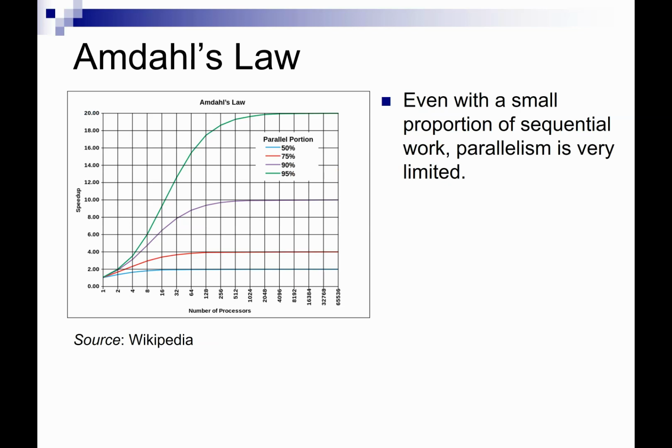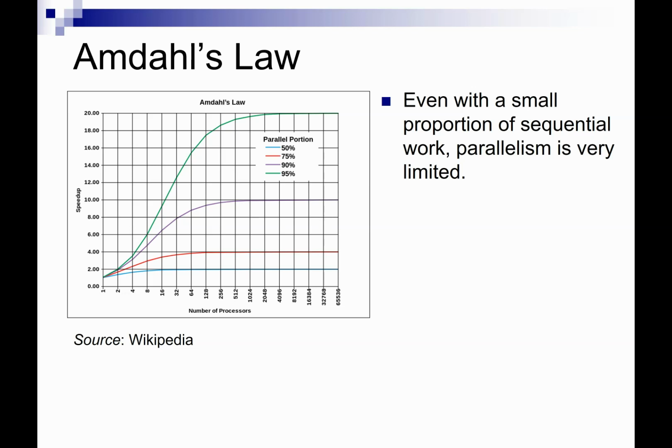In this plot, on the x-axis we have different numbers of processors, increasing exponentially from 1 to 2 to 4 and so on, up to about 65,000 processors. On the y-axis, we have the speed up that you get using that number of processors. The different lines represent different values for f.